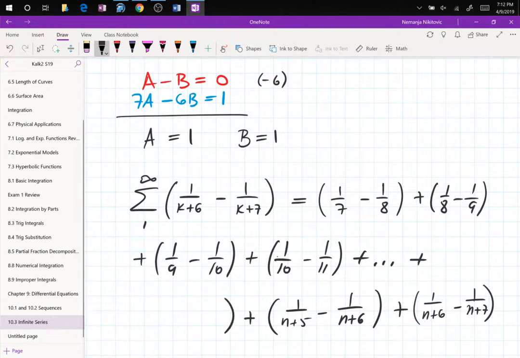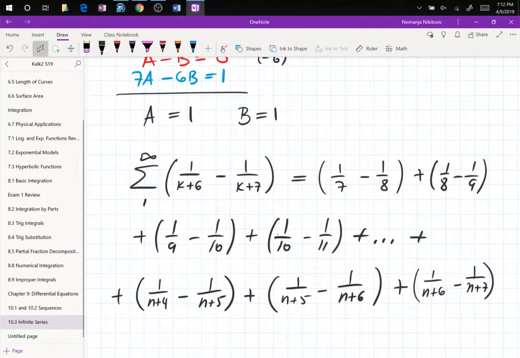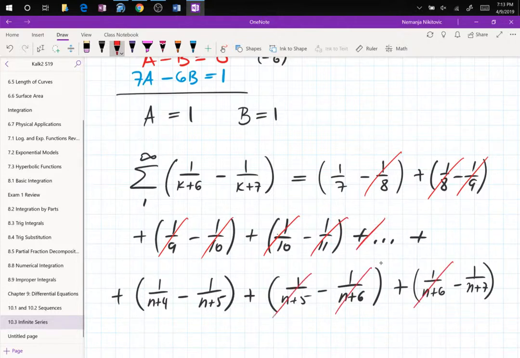Take away again 1. So 1 over n plus 4 minus 1 over n plus 5. It's a pattern. 8 kills 8. 9 kills 9. 10 kills 10. 11 will die here. 6 and 6, 5 and 5, 4 will die in here.